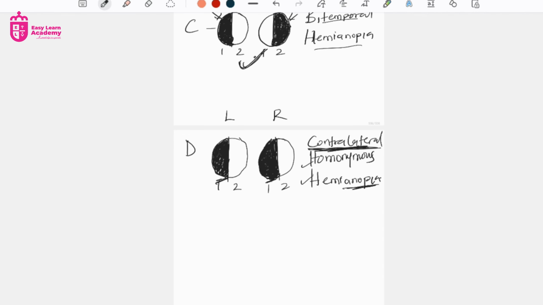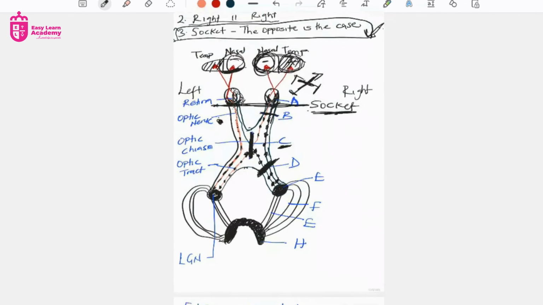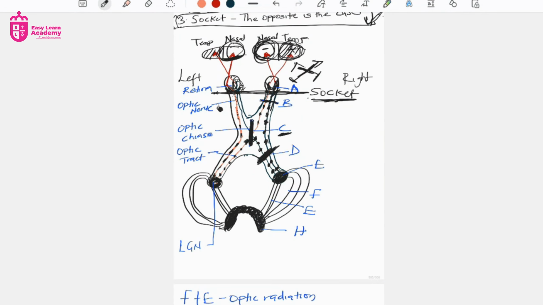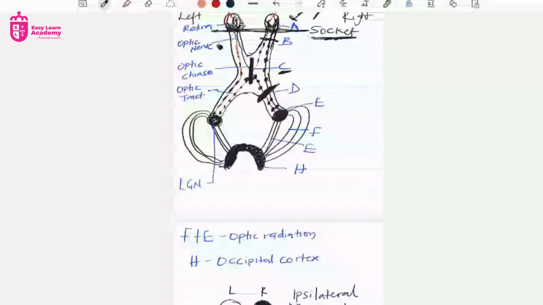Okay. Now, let's go back to our diagram. So we've done B, C, D. Now we're going to do F, E, H. Now, F and E, remember that is the optic radiation. F, E are optic radiation. But this is just one part of it, and E is another part of it.